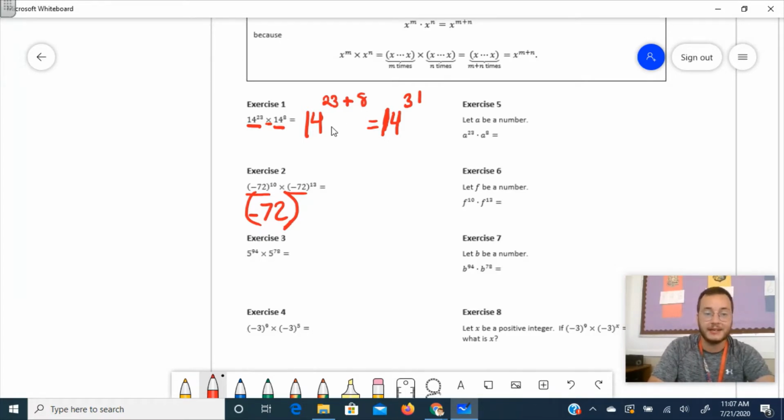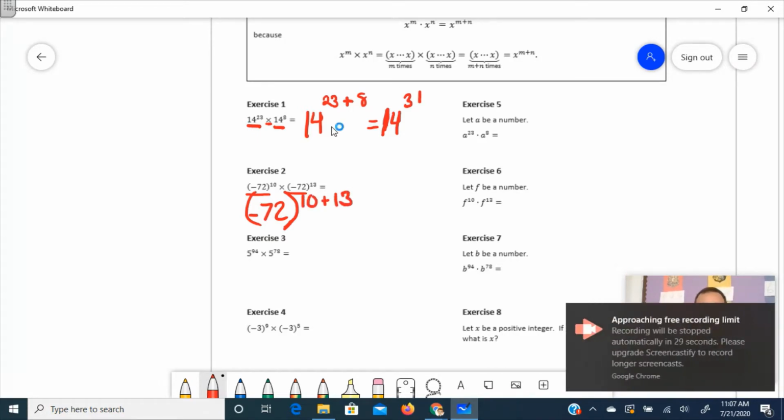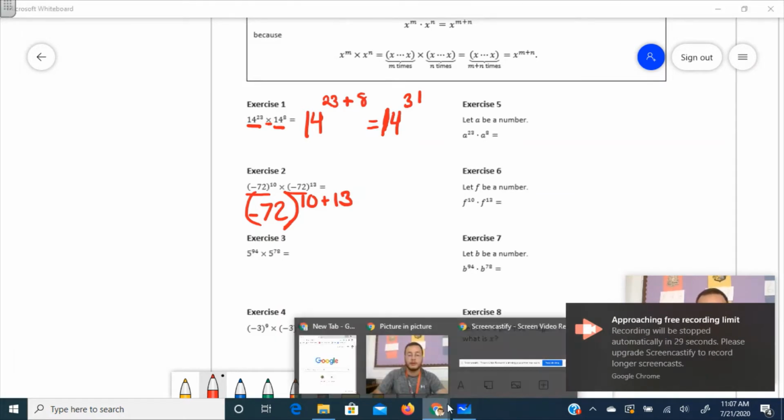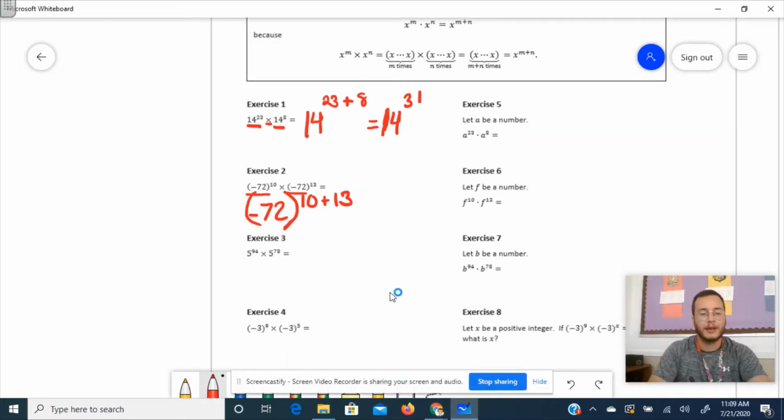And then I have negative 72 to the 10th power plus the 13th power, because they both have the same base and they're being multiplied. Remember, it's just repeated multiplication across the board. So I can just add those exponents together and get negative 72 to the 23rd power.